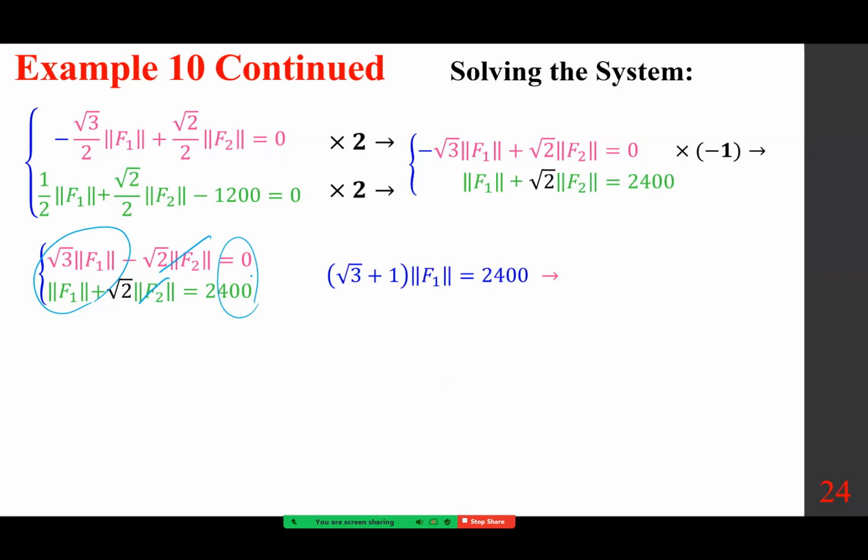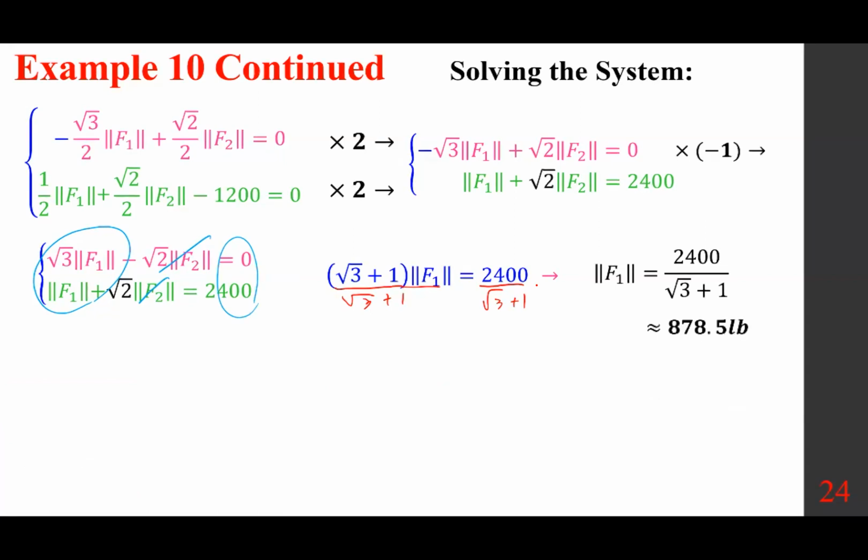So if I divide by square root of 3 plus 1, and that's what I showed you in the previous page, we have the answer. And again, you put it into a calculator for a rough answer, okay?